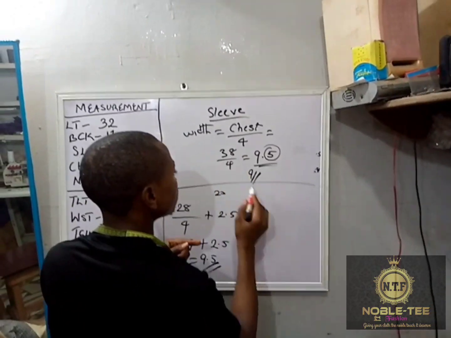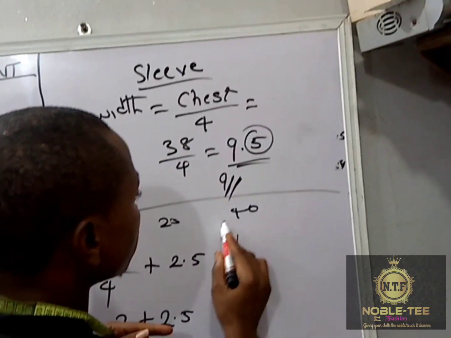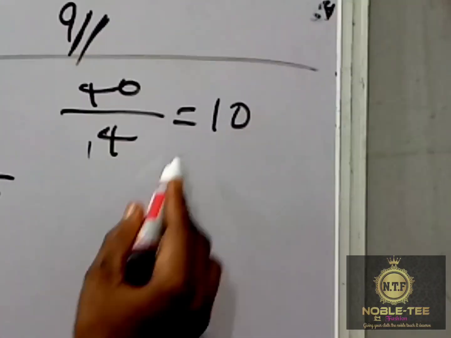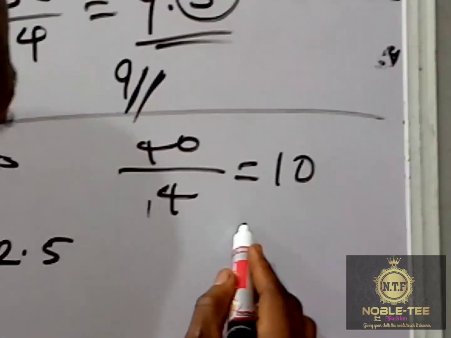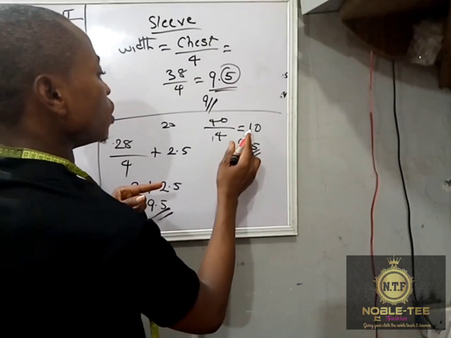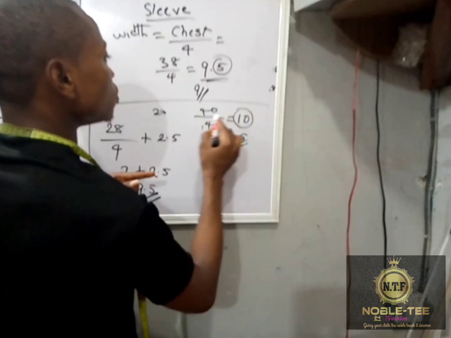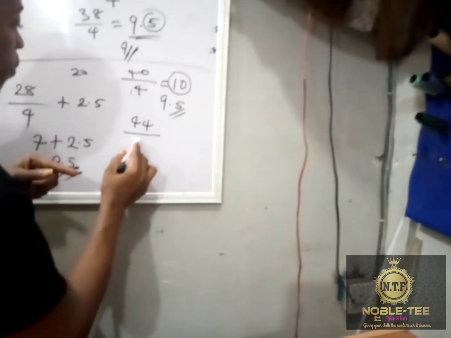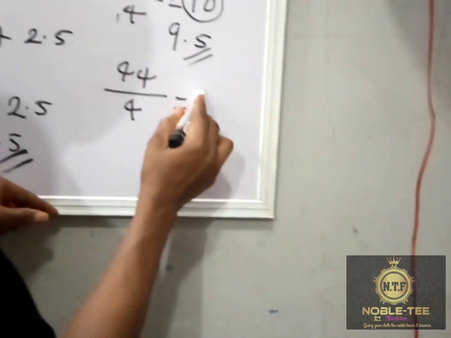So if you are having a chest above 40, so that's 40 divided by 4, you are having a 10. So you can as well remove a half from here, then you are left with 9.5, if you are okay with this. But if you want it to be very free, you can make use of a 10. If your chest is a 44, 44 divided by 4, you are having 11.